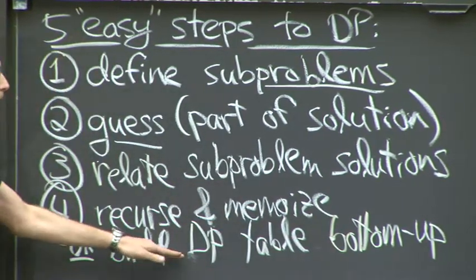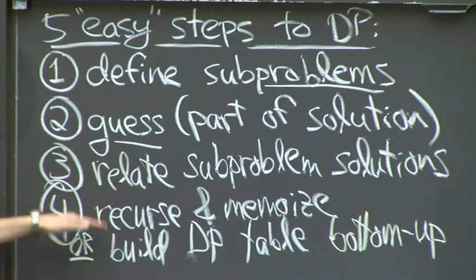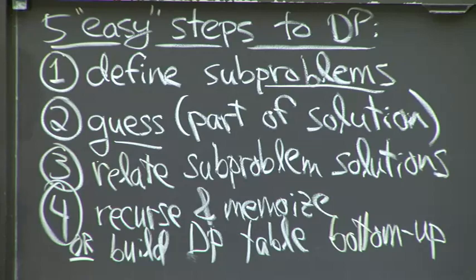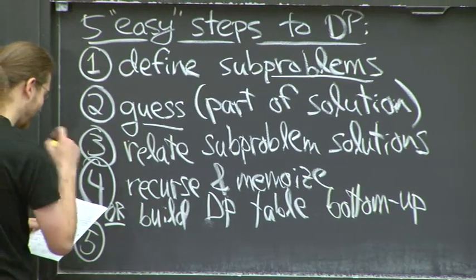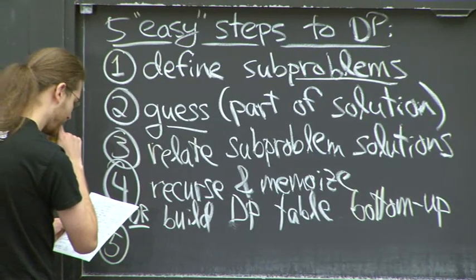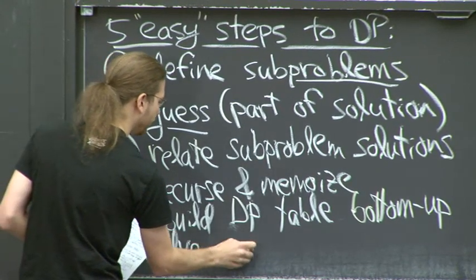And this is going to be more practical, faster, and so on. And depending on your preference, one of them is more intuitive than the other. It doesn't matter. They have the same running time, more or less, the worst case. OK. Then the 5th step is to solve the original problem.